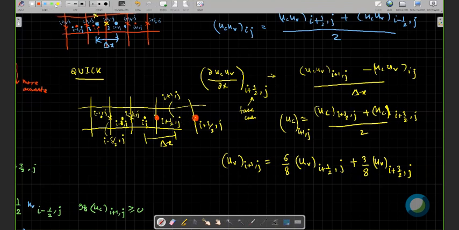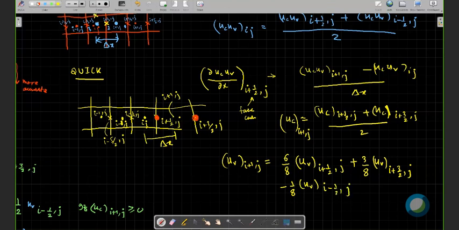And then lastly, you are taking one more point, and that is done as minus 1 by 8 UV at I minus half j.